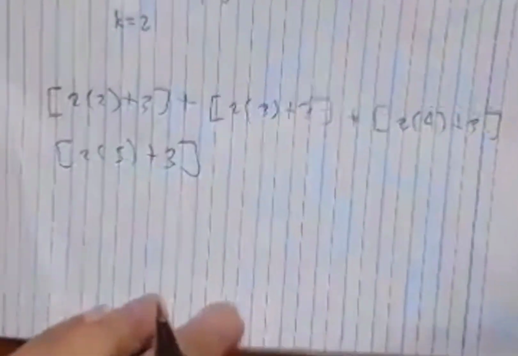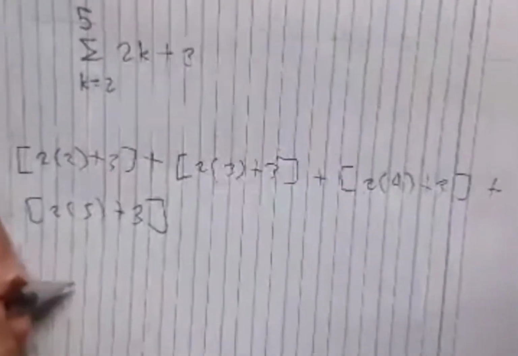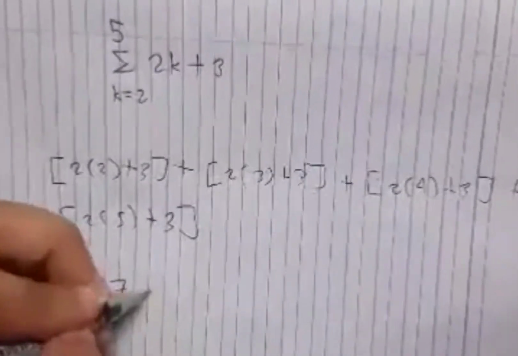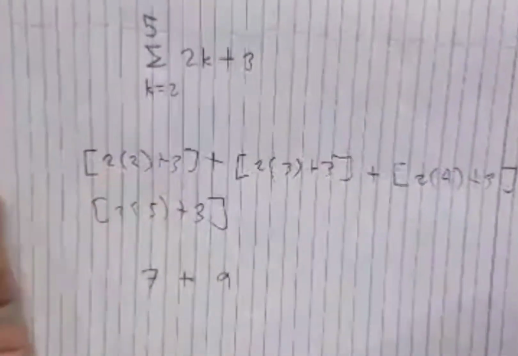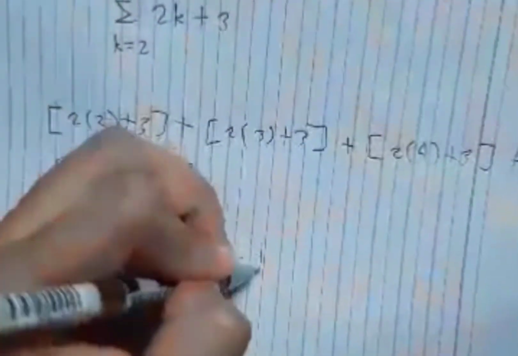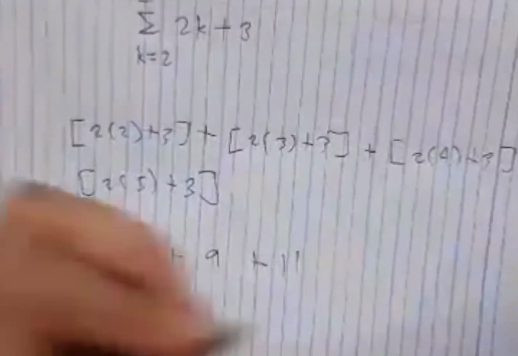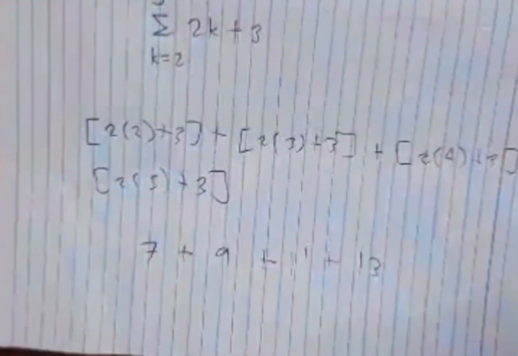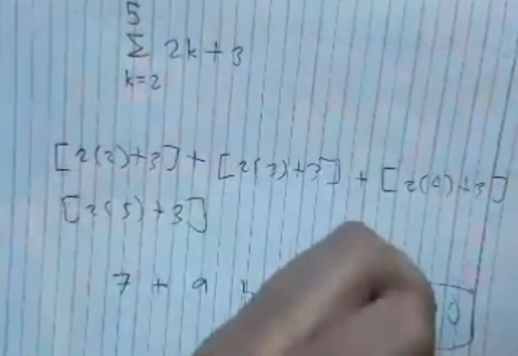Now, let's simplify. 2 times 2 plus 3 is equal to 7. 2 times 3 plus 3 is equal to 9. 2 times 4 plus 3 is 11. 2 times 5 plus 3 is 13. 7 plus 9 plus 11 plus 13 is equal to 40. So, the sum of our series is 40.